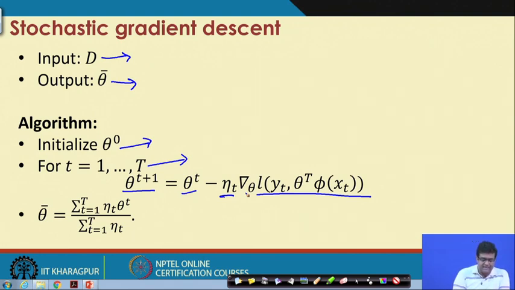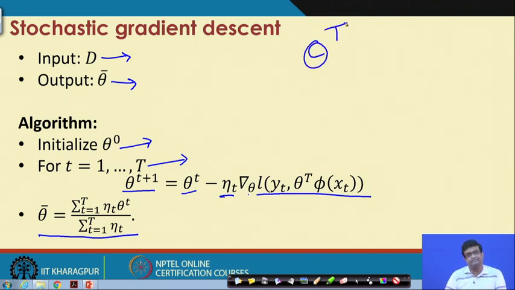Okay. And then this is one interesting change from how usually the stochastic gradient descent is implemented. Normally you would just return theta capital T, which is the final theta. Okay.